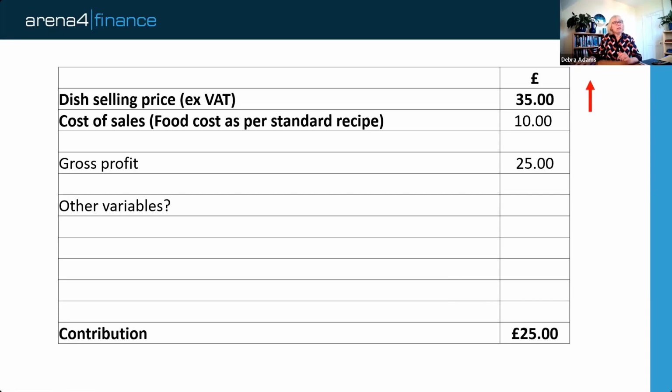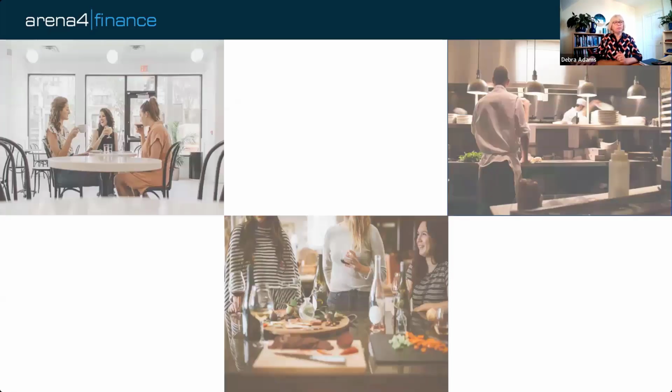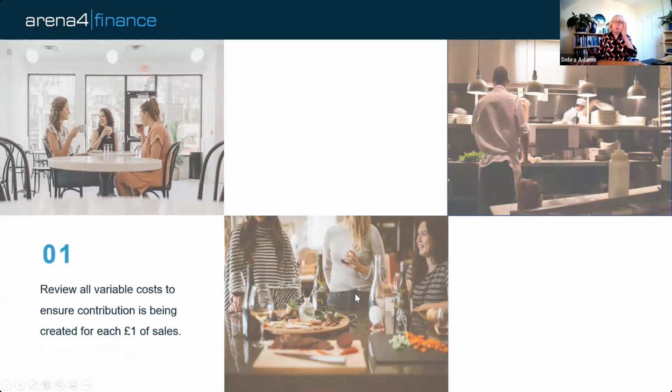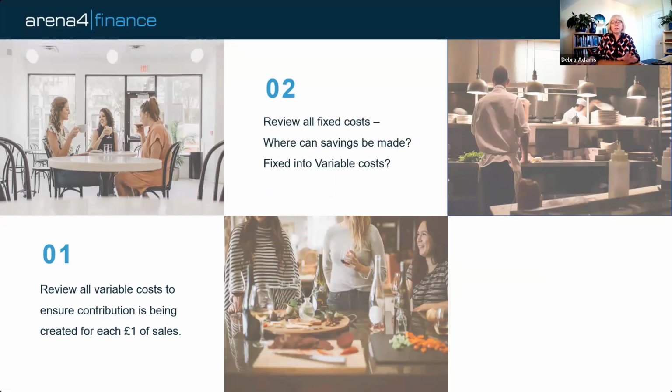So again, as we saw with the accommodation sales, it's all about maximising the selling price, making sure you're covering the cost of the food, and of course in today's environment constantly monitoring that because it's changing all the time, and ensuring that we're generating sufficient contribution. So far we've said that it's important to review all of your variable costs, so making sure that you know what all the variable costs are for the different products and services that you provide, and then from that reviewing your fixed costs as well.